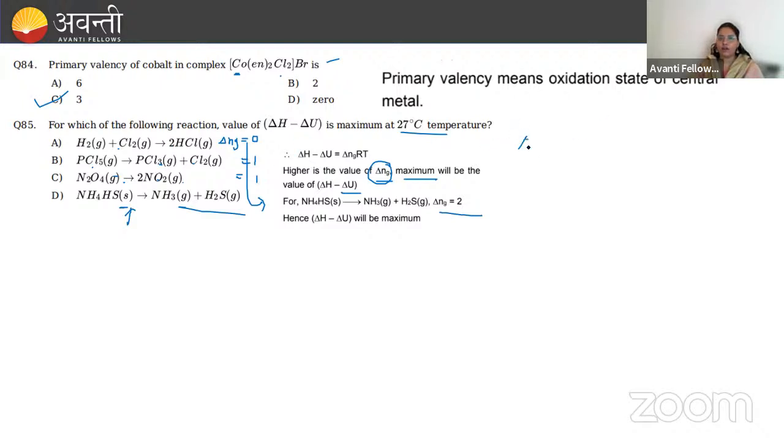But here there are 2 gas molecules on the product side, while on the reactant side a solid is there. That's why the total change in moles will be 2, so delta H minus delta U will be greater, because our formula to calculate is delta Ng into RT.